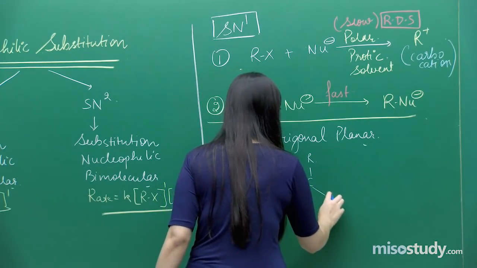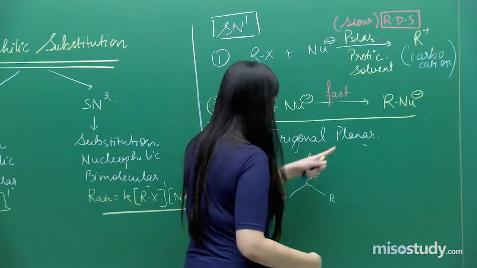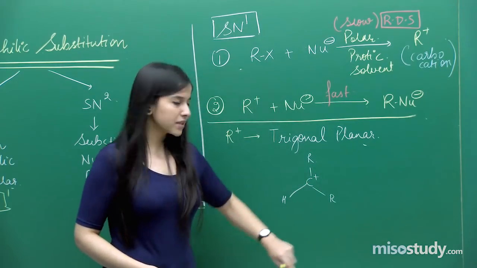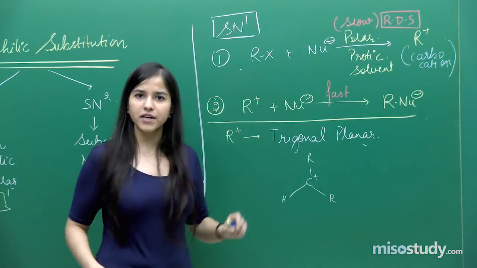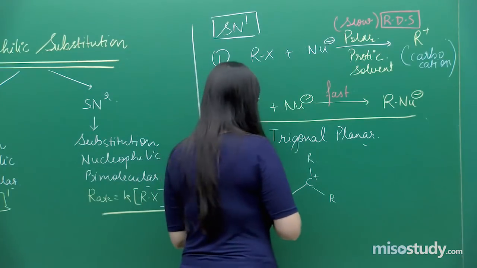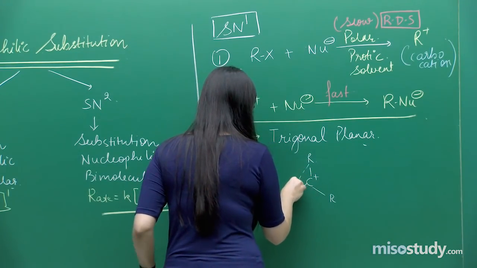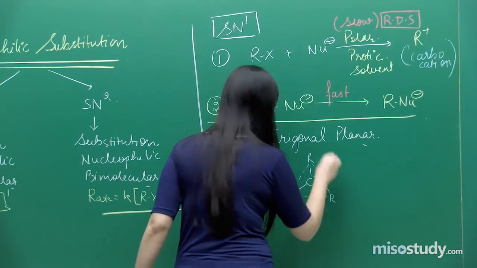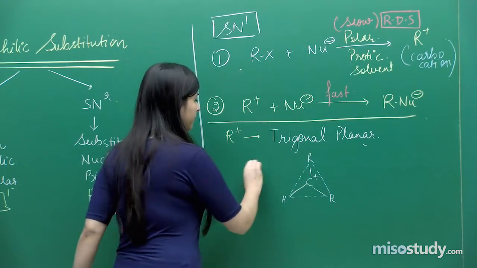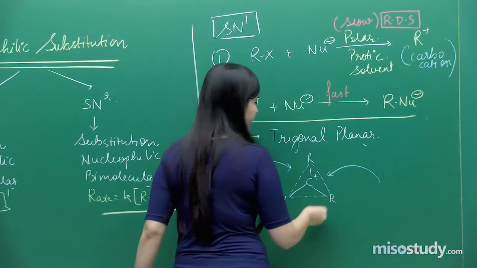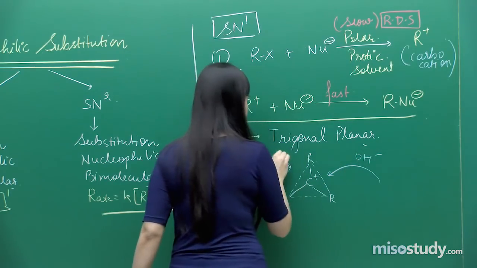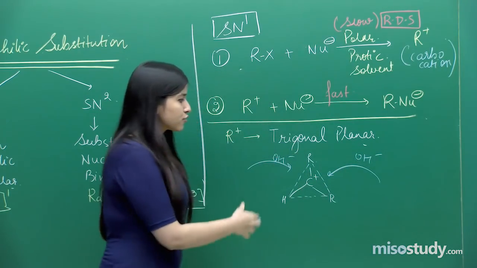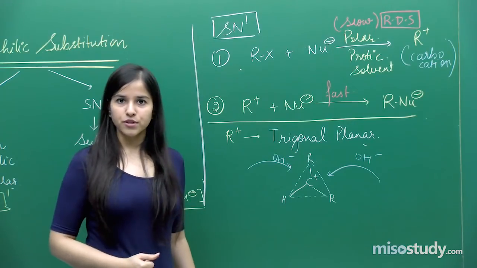Maybe something like this, right? It depends upon the type of carbocation which is formed. So I'm randomly taking the secondary carbocation over here. Trigonal planar geometry. You need to remember that attack could be possible from this side or that side. That is the final attack of the nucleophile I am talking about. So either of the ways I can get the product.